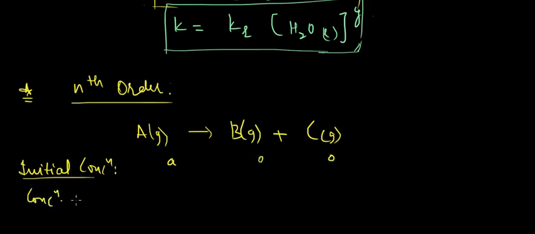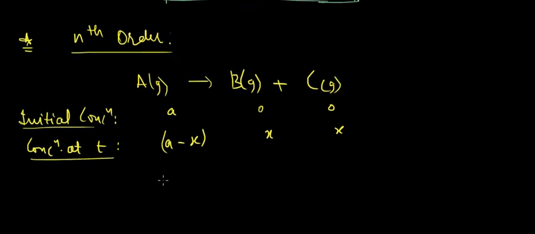Concentration at time t, let's say x was dissociated to form concentration of B and C both as x. So we can write that dx by dt equals K into (a minus x) to the power n, because it's an nth order reaction.